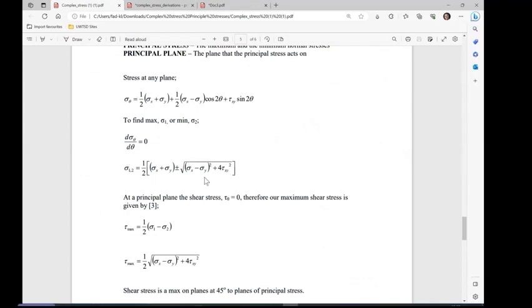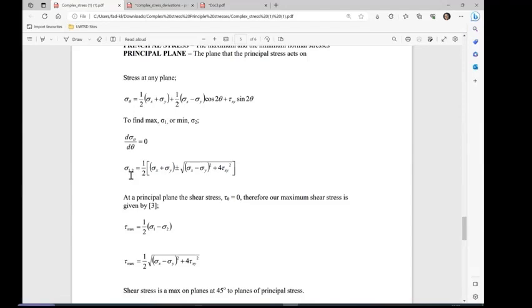Before, we worked out our stress at any plane as a function of theta. Now we've got our principal stresses, it's no longer a function of theta. We've removed that. It's just a function of sigma x, sigma y and tau xy. So if we've got an element subjected to 2D stress and we know what the stress is in the x direction, what the stress is in the y direction, and what any shear stress is on that element, I can tell you what the principal stresses are.